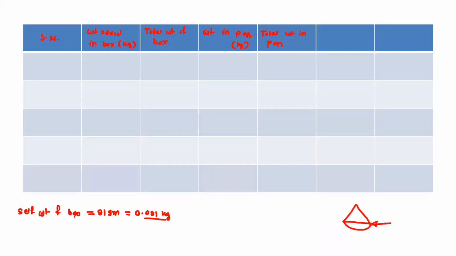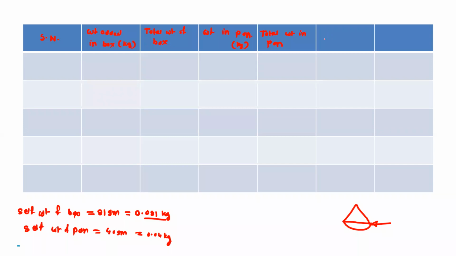This pan has a self weight of 40 gram, so this is 0.04 kg.